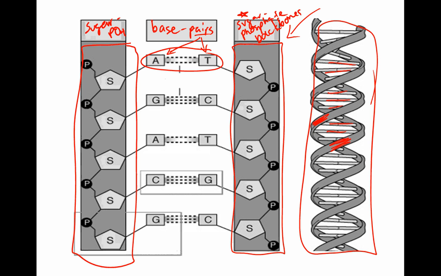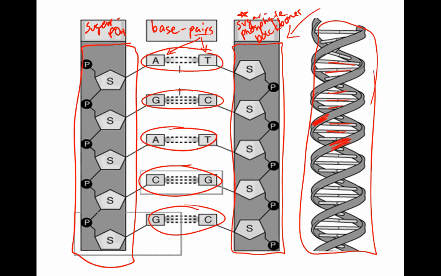So if we look back at our molecule, we see in this model that there are 5 base pairs. Now, each of those bases in these base pairs is held to its neighbor by these weak bonds right here in the middle, and those bonds are called hydrogen bonds.